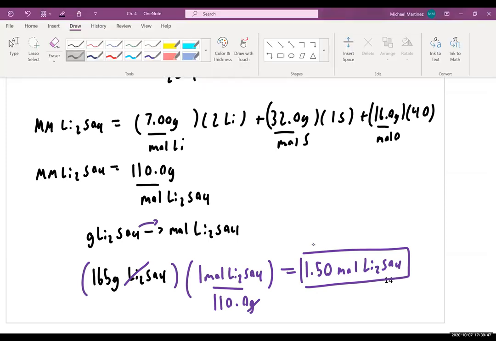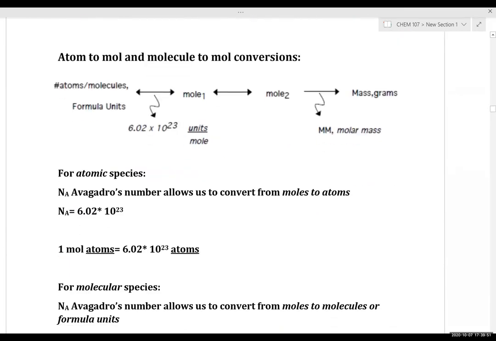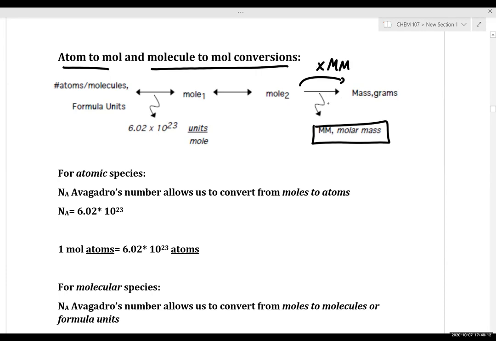Okay, so let's keep going with this. So we're next going to talk about atom to mole and molecule to mole conversions. So we've already established to go from moles to mass, we multiply by our molar mass. To go from mass to moles, we divide by our molar mass.